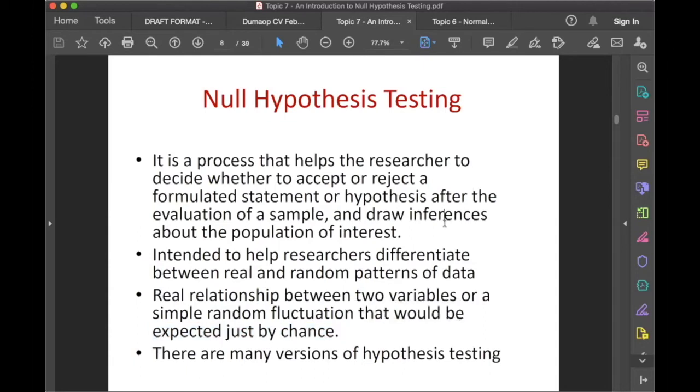Now, there are many versions of null hypothesis testing. When you say relationship between two variables, what exactly do we mean? And how is this relationship appreciated as a pattern that might be real or might be random? So I'm going to give you an example.